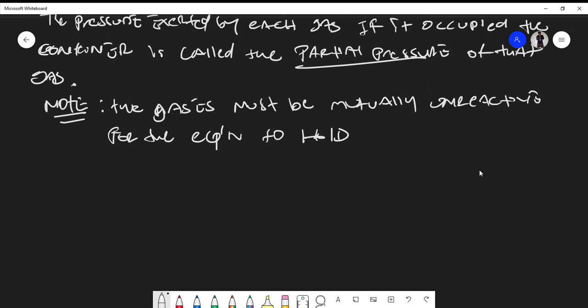In the equation above that we wrote, P1 is the partial pressure of gas number 1.